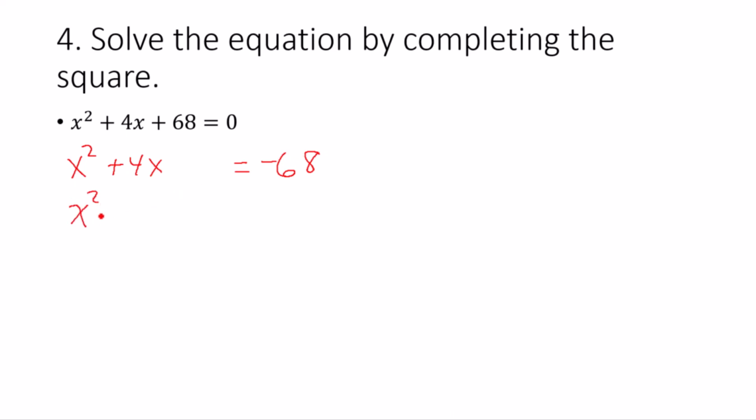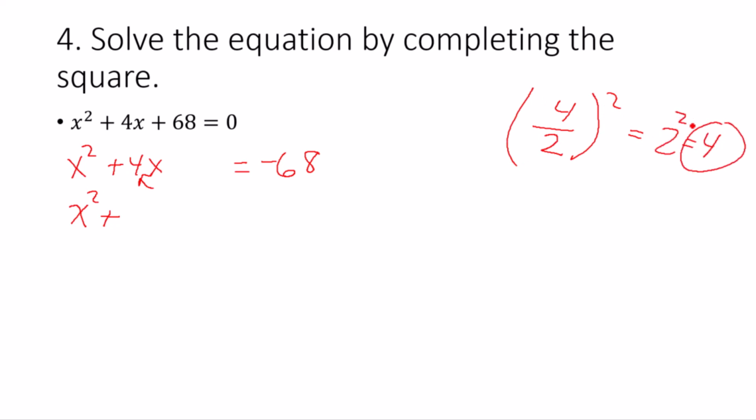It's this coefficient right here that we're going to work with. So first, divide it by 2, and then square the answer. So we'll be squaring 2, which means 4 is the number we're going to add over here.